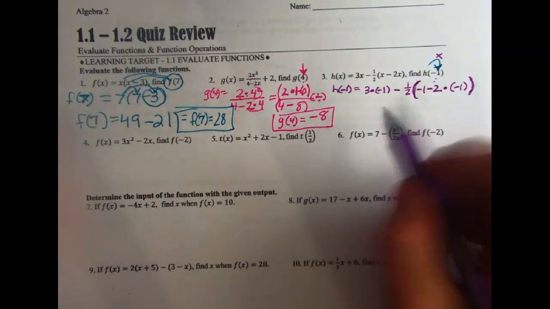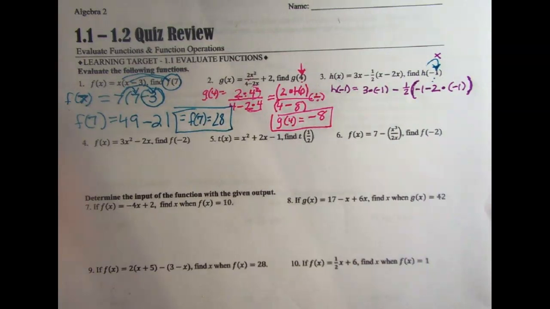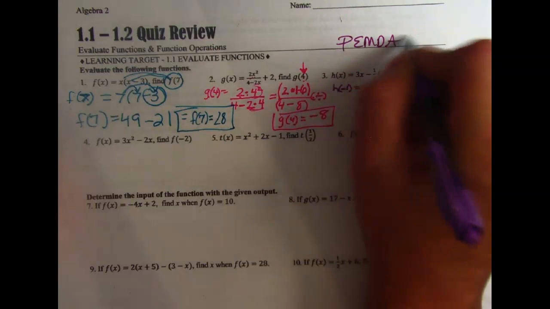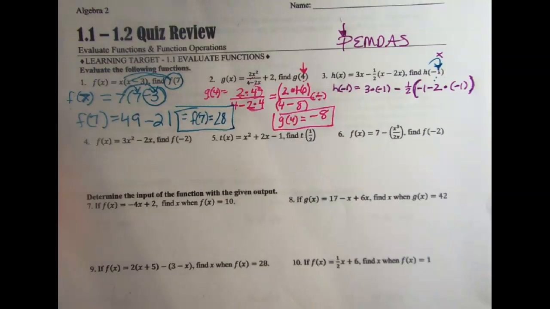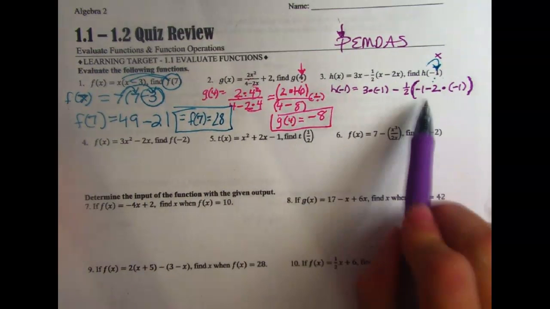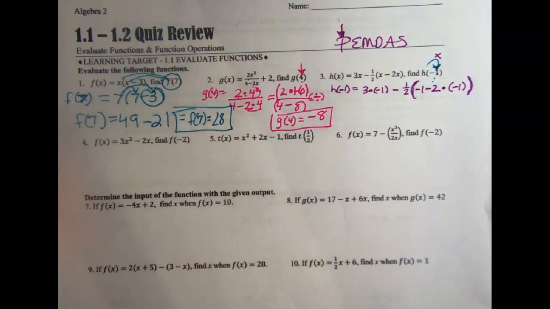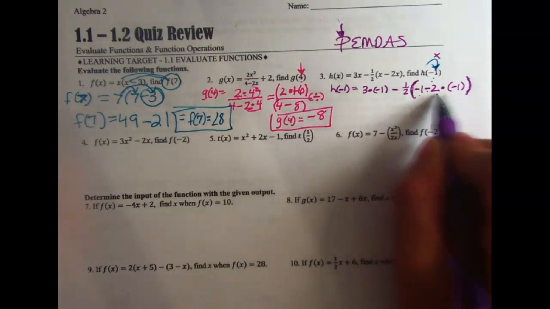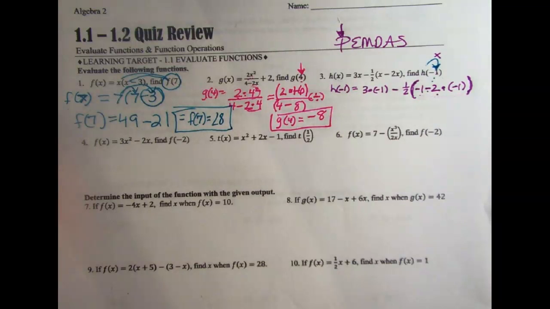So I'm going to go through and look at the please excuse my dear Aunt Sally. I'm going to do the parentheses first because the more I simplify it, the easier it is to put in our calculator. So in the parentheses here, I'm going to simplify, and I get -1 minus 2 times -1.